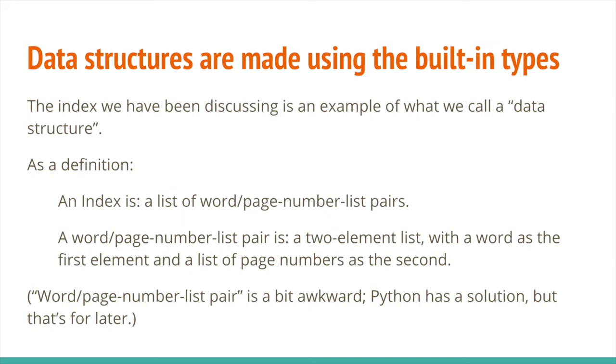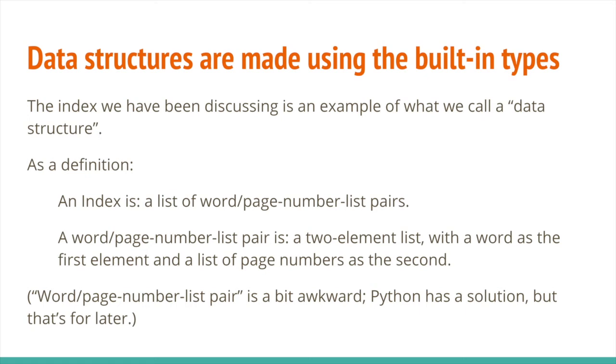A data structure is something you build up using the built-in types as the parts of the data structure. The index that we've been discussing is an example of what we call a data structure. So if we define the index data structure as a set of definitions, an index is a list of word page number list pairs.